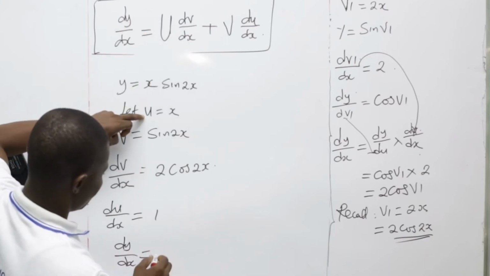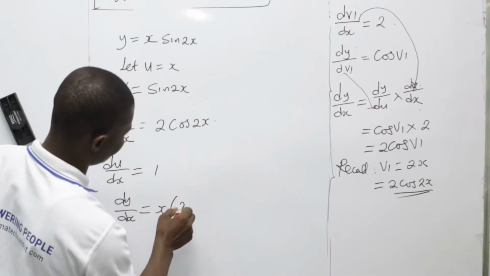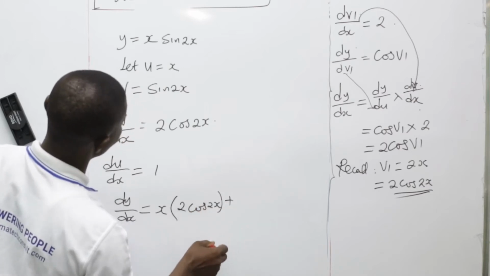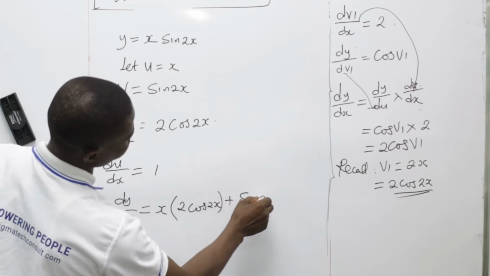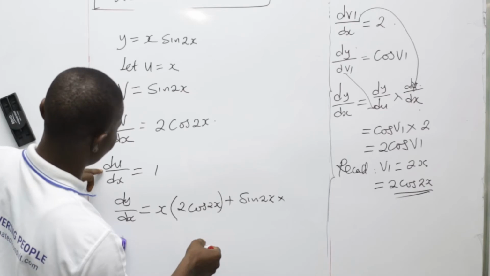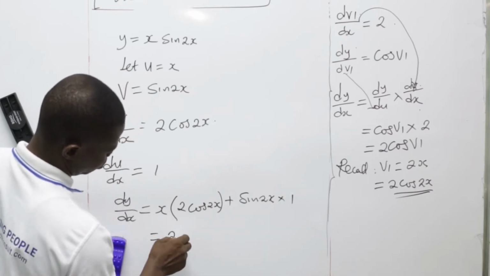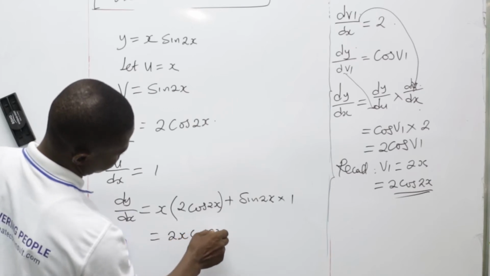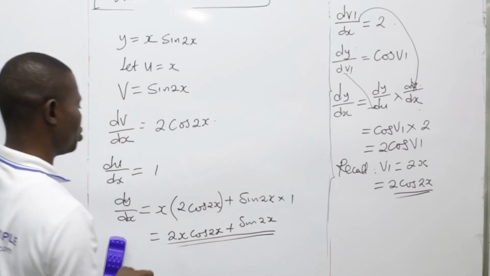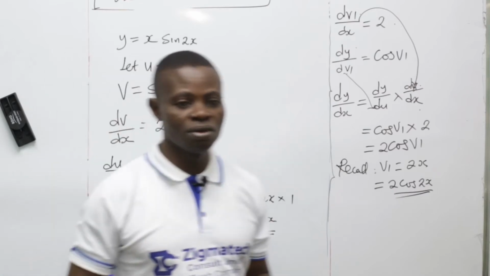What is our u? x multiplied by dv/dx. dv/dx is 2 cos 2x, plus v. v is sine 2x multiplied by du/dx, which is 1, to give us 2x cos 2x plus sine 2x. This is the solution to this question: 2x cos 2x plus sine 2x.